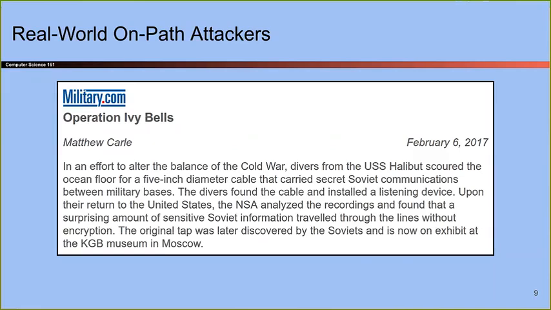What the US did was send divers down to the bottom of the ocean, and we found the cable that was being used to send secret Soviet communications. We just installed a little device on the cable to read the voltage levels, and now we are reading bits. That makes the United States an on-path attacker. And if you ever go to Moscow, you can actually see this little device. So that's another fancy way to become an on-path attacker.